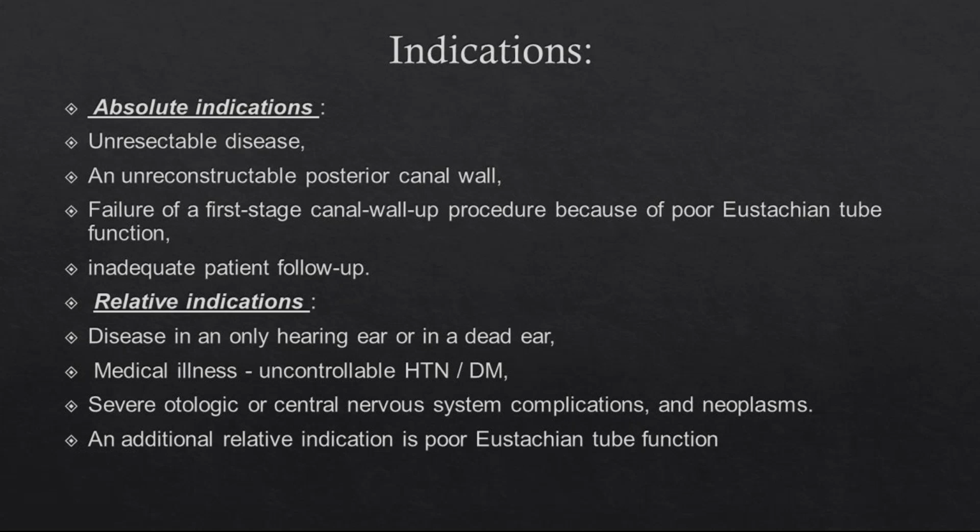Because what happens, there are few hidden areas in the middle ear, mainly the facial recess and the sinus tympani. So disease clearance from facial recess and sinus tympani should be done. Otherwise, the chance of recurrence rate is high.